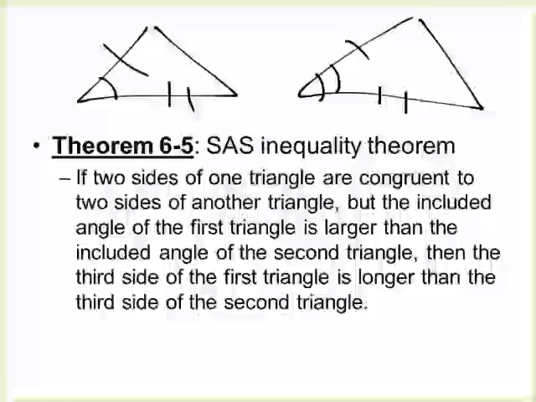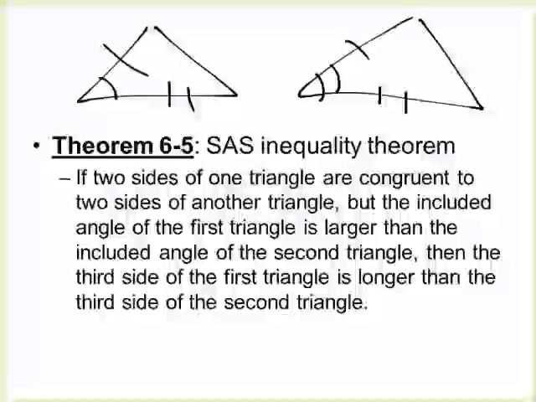So before, when we studied side angle side congruence, the two sides matched and that included angle matched. This time we're going to say the sides match, but the included angle doesn't. So if we think of this like a hinge, one of them is open up further than the other one. What should that mean? So if I've got two sides that match, but one of them is hinged open further than the other one, what would we be able to conclude in there?